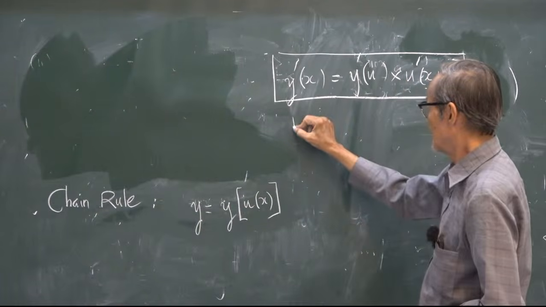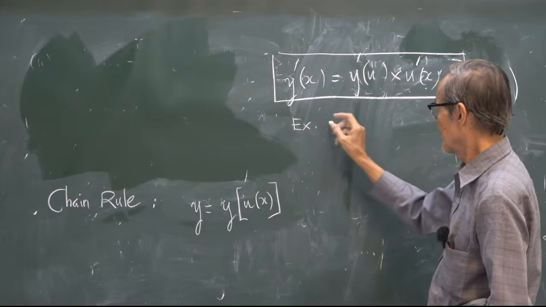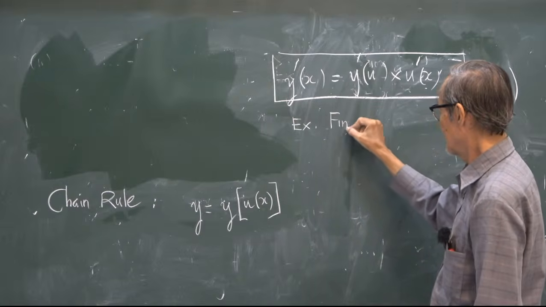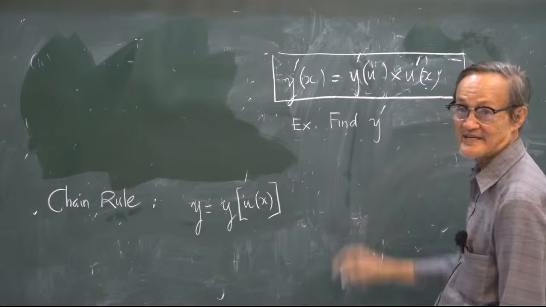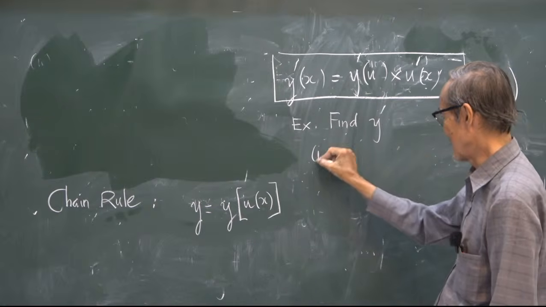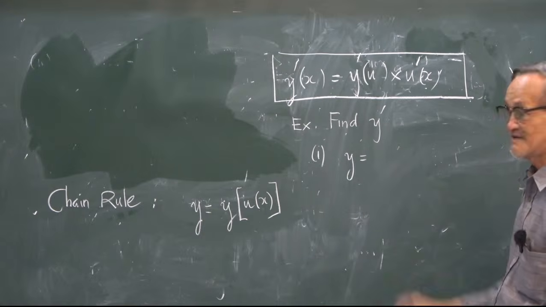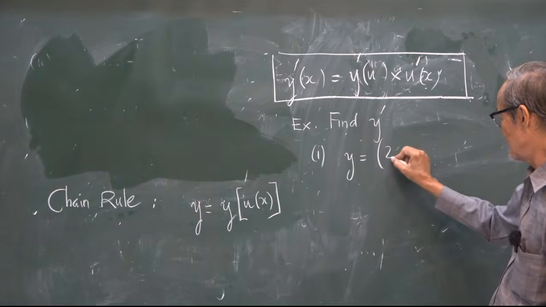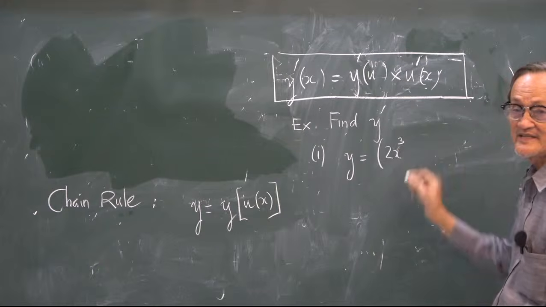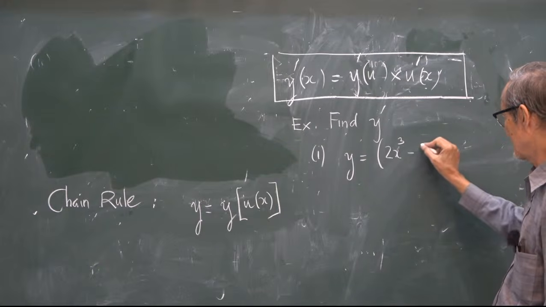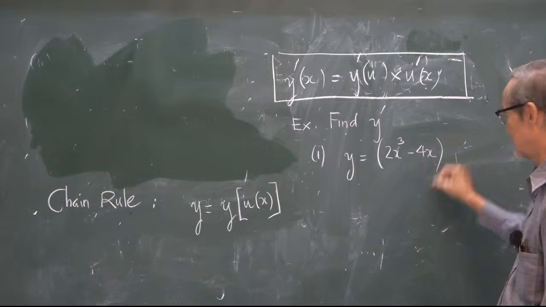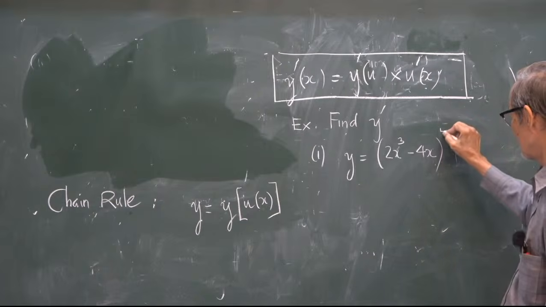For example, find the derivative of y, where number 1, y equals (2x^3 - 4x)^5.